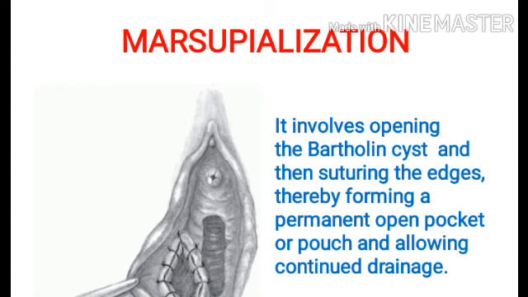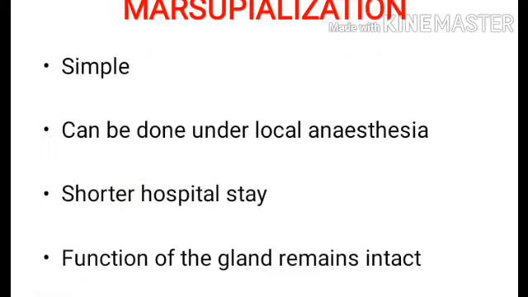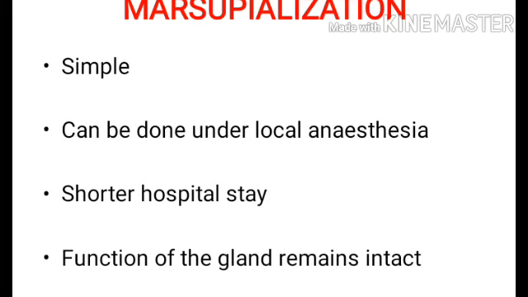In the newer technique, marsupialization, the Bartholin gland is not removed. Instead, an opening is made on the Bartholin cyst, and the edges are sutured, thereby forming a permanent pocket or pouch that allows continued drainage. It is a new method and it has some advantages. It is simpler than excision, it can be done under local anesthesia, and it needs only a shorter hospital stay.